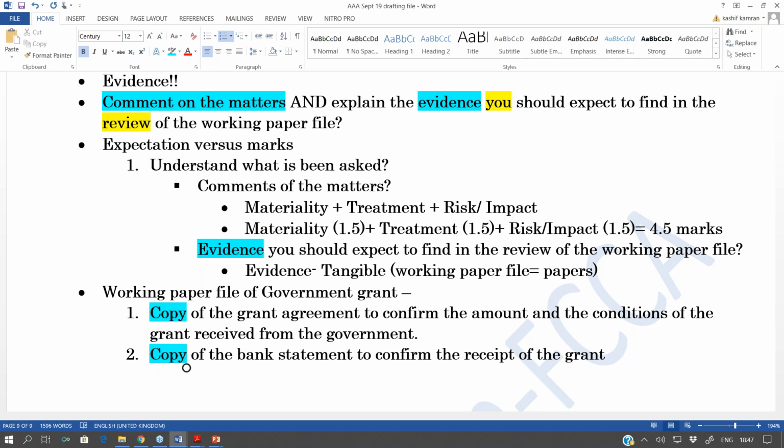Then we go to the next thing. Was there a condition with the grant that the business operation should continue till 2020, for the next 5 years? We were standing in 2015 yesterday, right? And the business operation should continue till 2020.